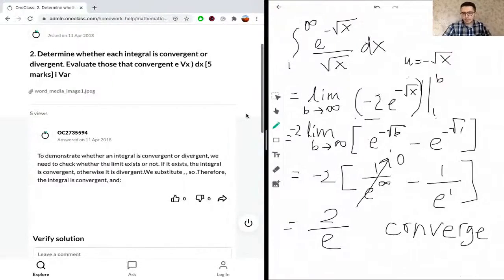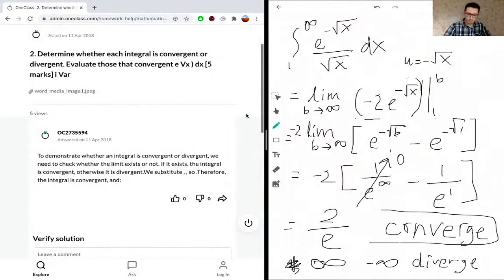Let's say in a scenario where our final value was infinity or negative infinity. In this scenario, it's not. If we evaluated a different integral and got infinity or negative infinity, we would know that integral is divergent. We know in this scenario, it converges.